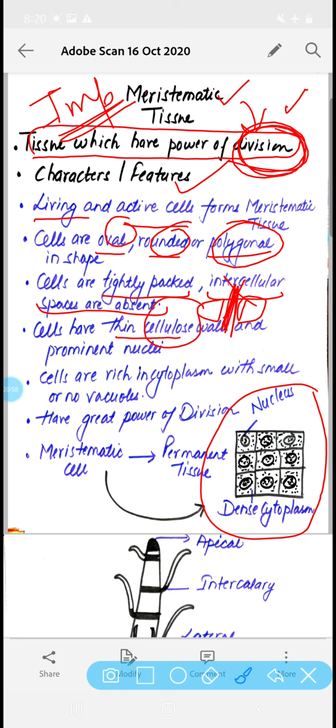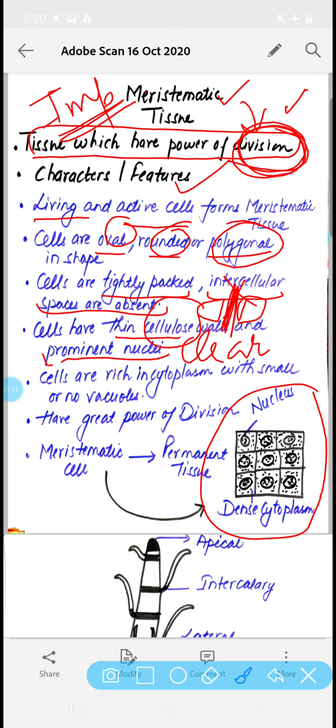As it is the plant tissue, we all know that the cell wall in the plants is made up of cellulose. Now here in the cell there is a prominent nucleus present. Prominent nucleus मतलब हमें क्लियरली न्यूक्लियस विजिबल होता है.